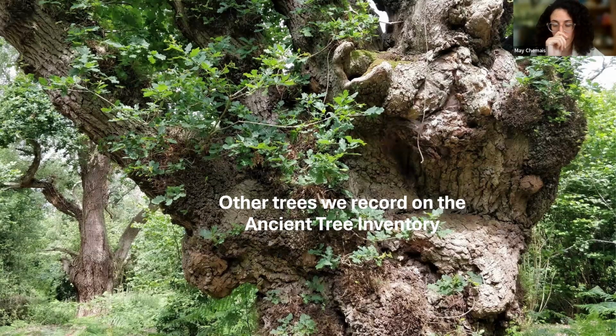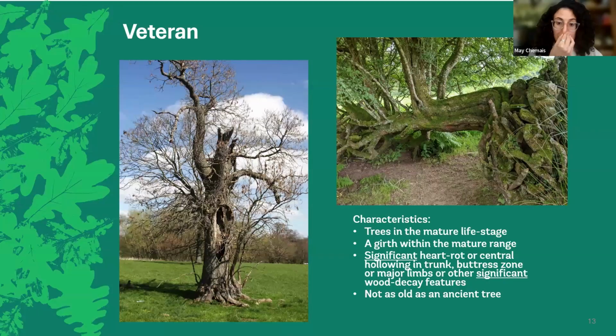So we have the veteran tree. Interestingly, not all countries use this term veteran. Different countries will value trees in different ways and have different names for them. But veteran is a term that's often used in the UK, and it describes a tree that is in its mature life stage, and it typically has a girth within a mature range.